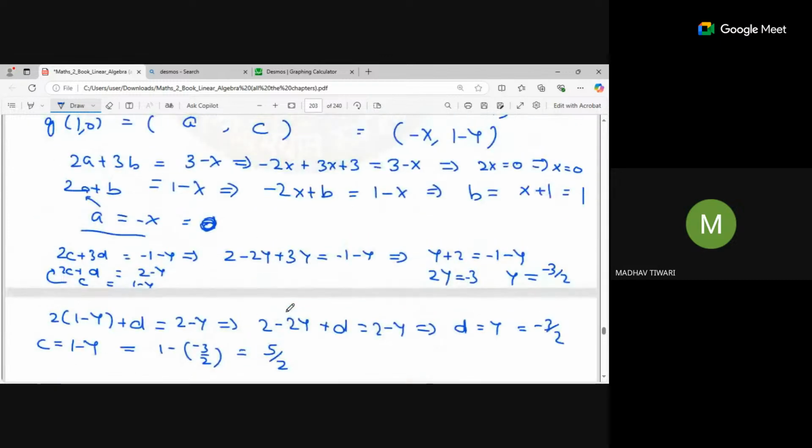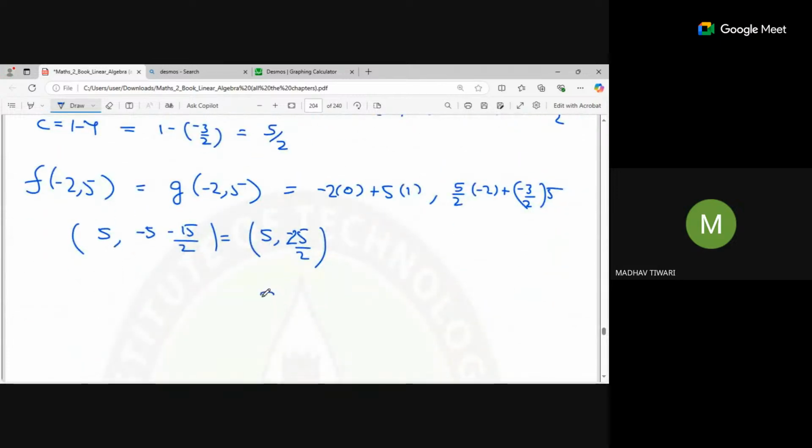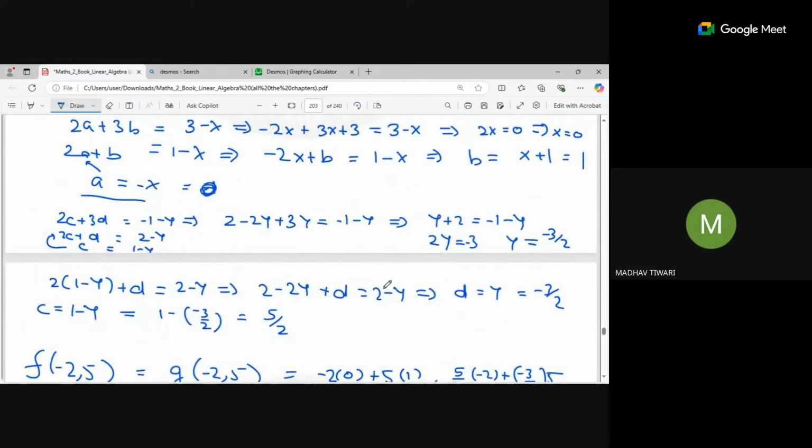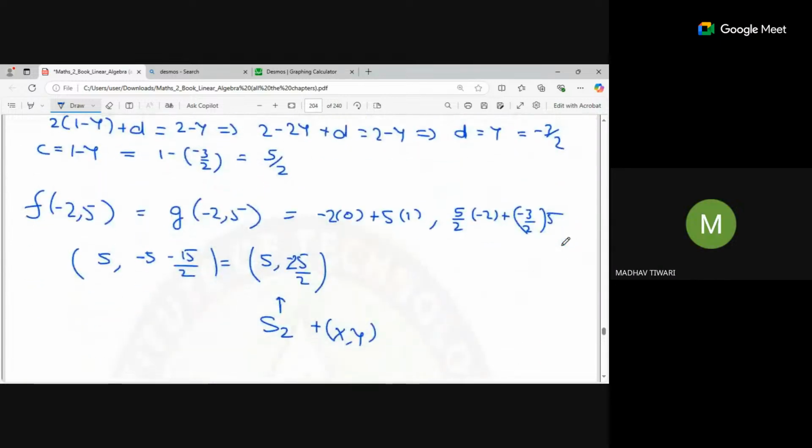Now I have to add. This is in my subspace 2, it is inside. Now I have to add that x and y. What was my value of x and y? The x value is 0 and the y value is minus 3 by 2. So I will add (0, -3 by 2).